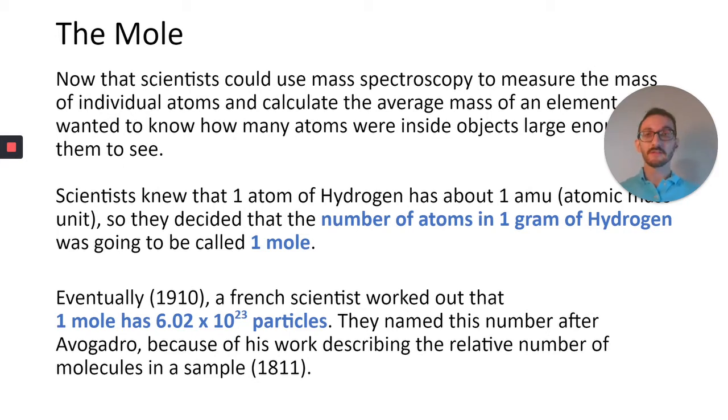Be careful when you're talking about Avogadro and his work. And even though the French scientist was working 100 years after Avogadro, Avogadro's work was so influential that the scientist named this number, the number of particles in a mole, after Avogadro.